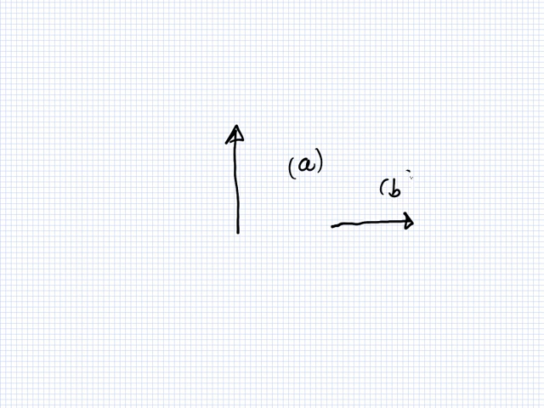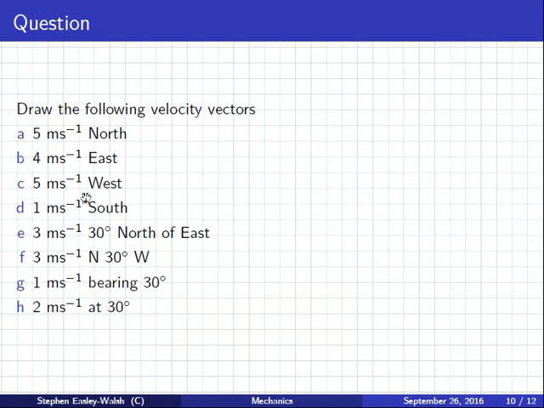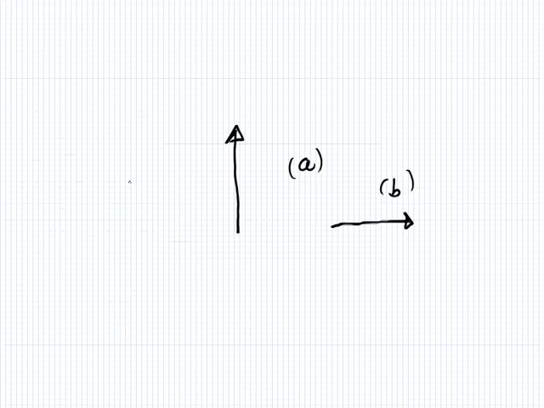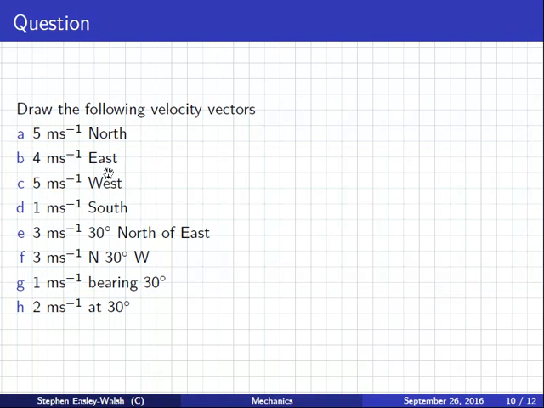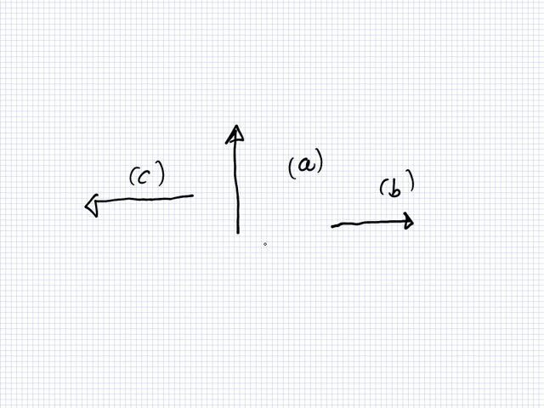That would be B. 5 meters per second west, that would be the same length as the first, we'll just draw it here to the west. That's C. And 1 meter per second south, so that would be quite small. Let me just put it here. That'd be D.